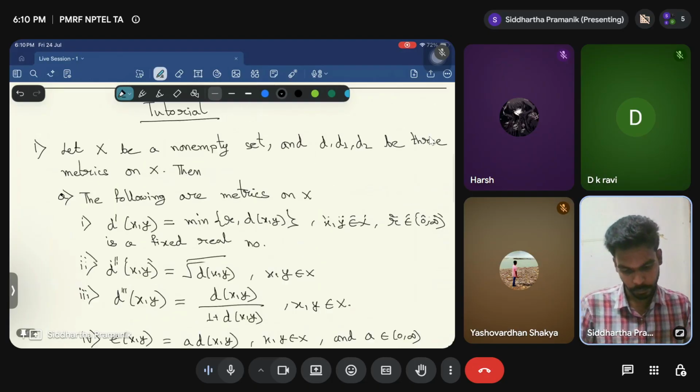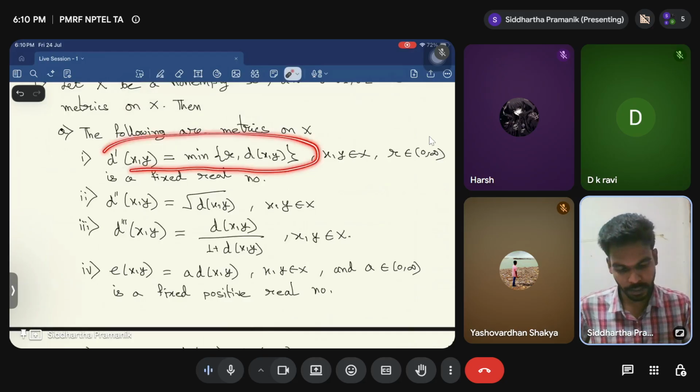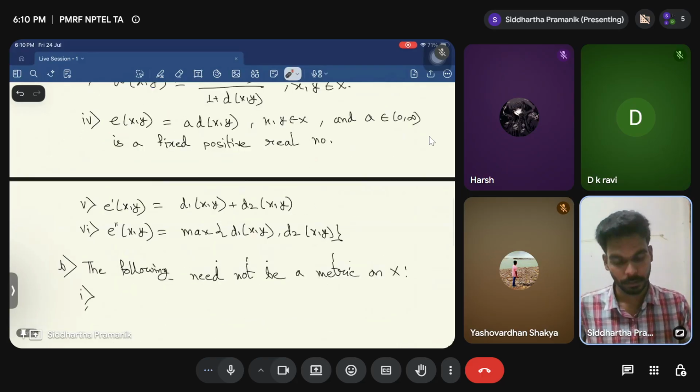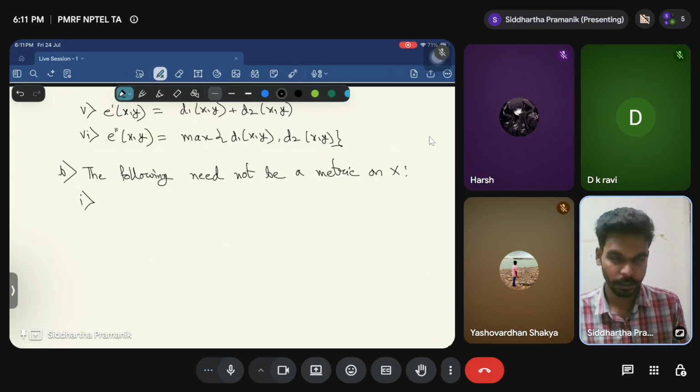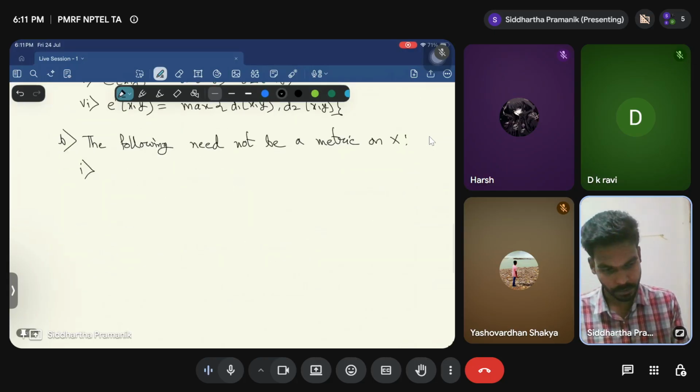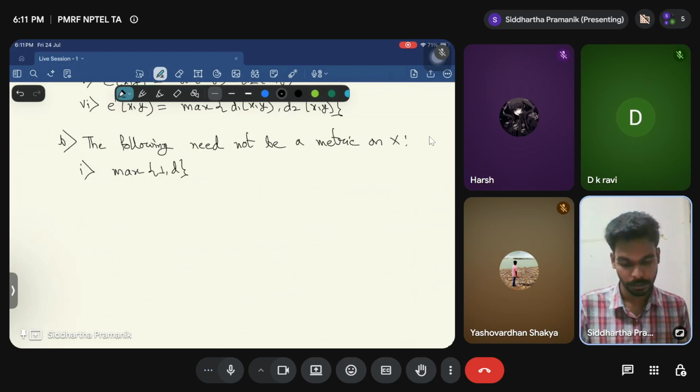From this list, the first one I defined in terms of minimum. If I replace the minimum, is it still a metric? That we can ask, and you can prove that it need not be a metric. So I am just writing maximum of 1 comma d. This need not be a metric.